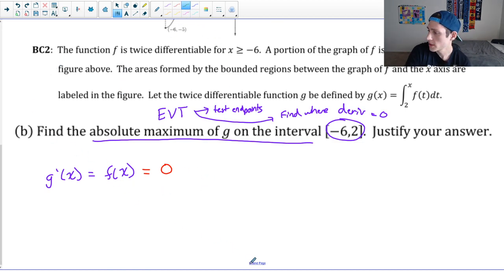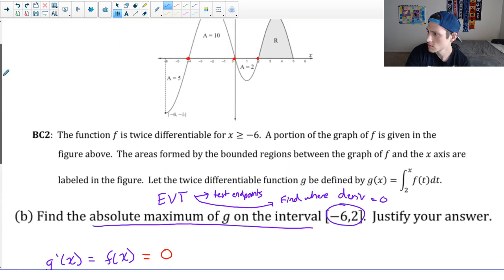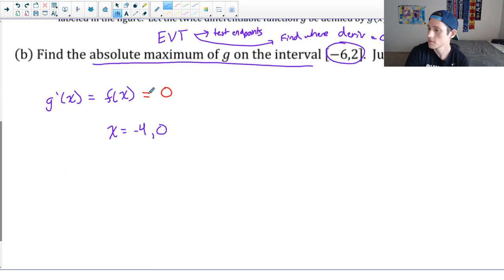All right, so let's create a table. So x equals -4, and what was the other one? 0? Yes, -4 and 0.